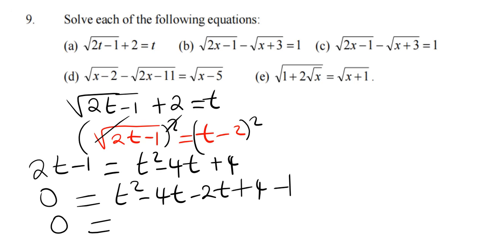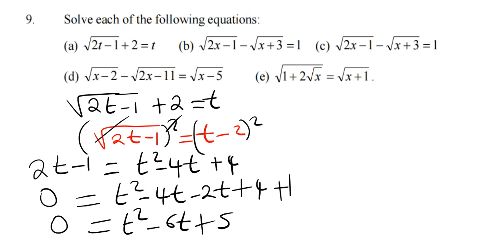Then from here I'm going to have t squared, negative 4t minus 2t, that is negative 6t. Then 4 minus 1, is it? Okay, the negative 1, when it went to the other side, is supposed to be positive. So positive 1. 4 plus 1, that is a 5.